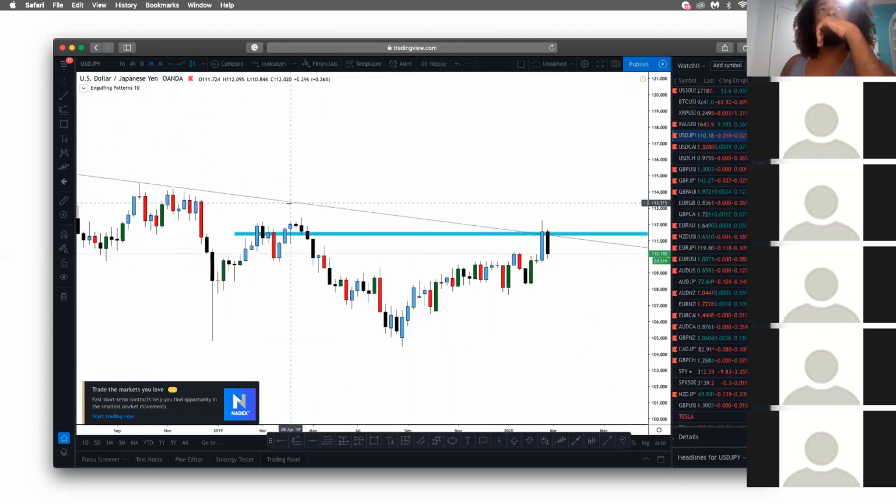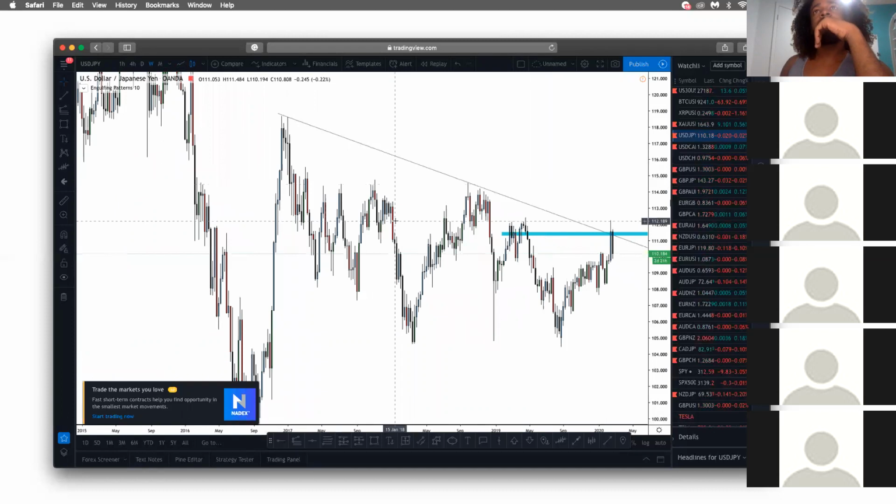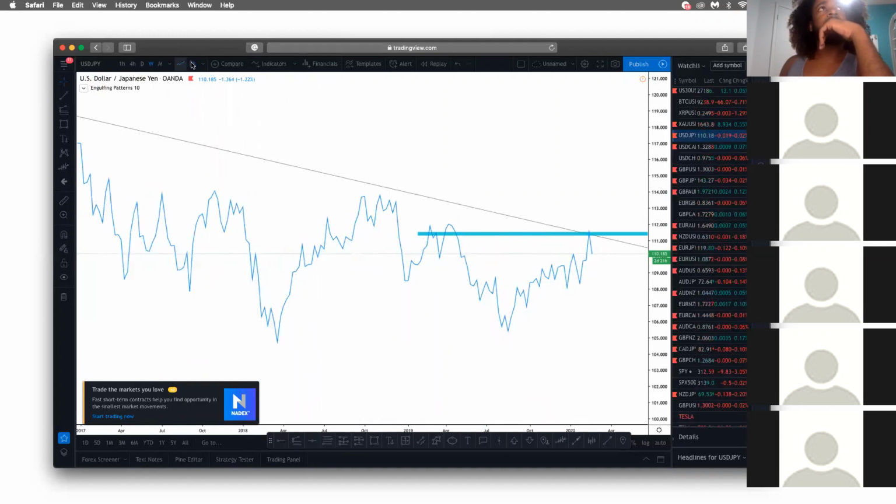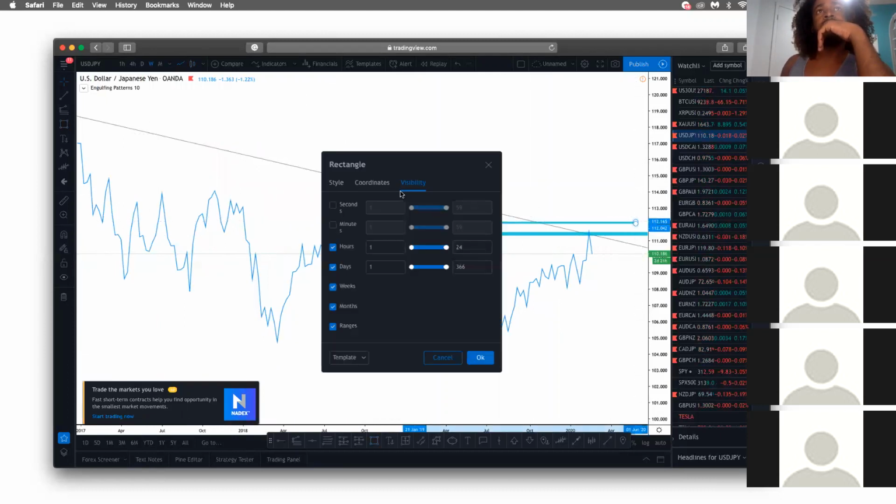So we have a monthly support and resistance drawn. We can tap on our weekly support and resistance, right? And put this in a different color.